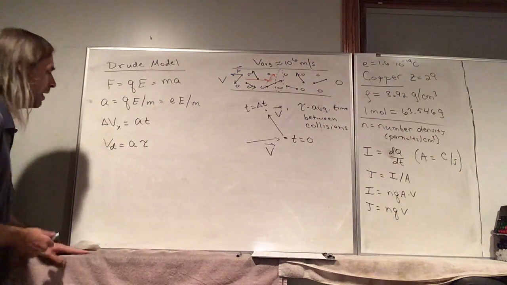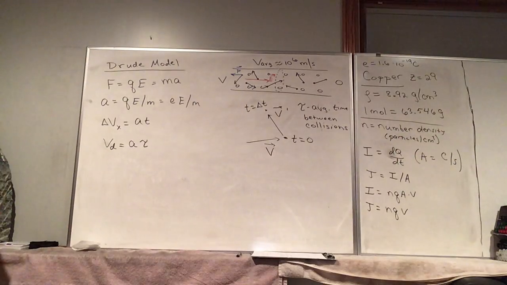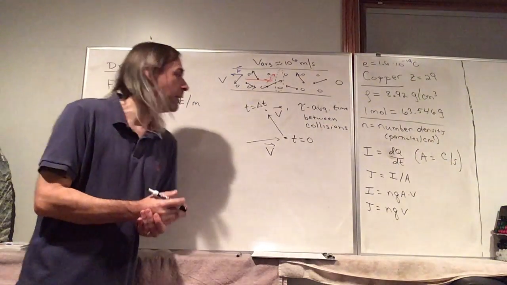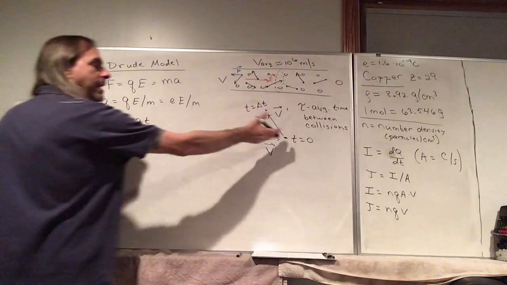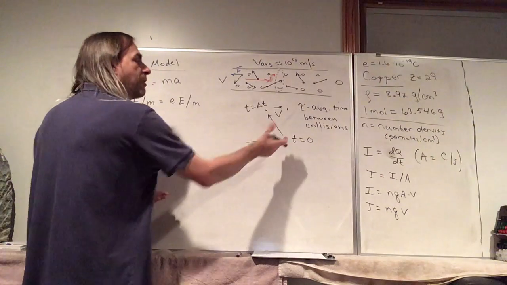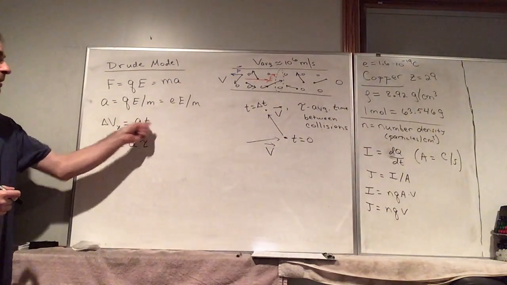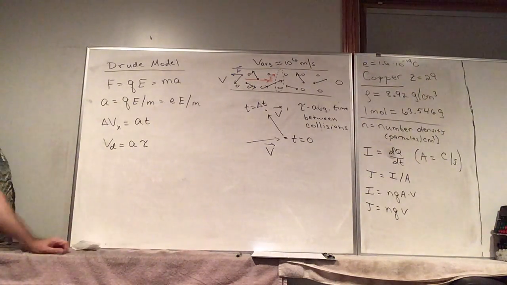It's a real subtle point, but we don't have this factor of 1/2 in front. If we considered a single electron, then the average change in velocity would be 1/2 times A times tau. But when we take the overall average, that 1/2 does not appear.